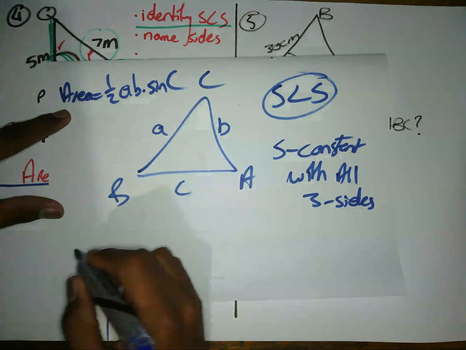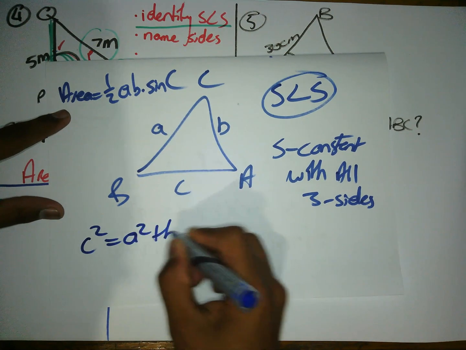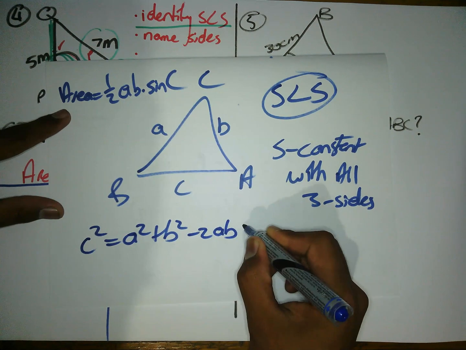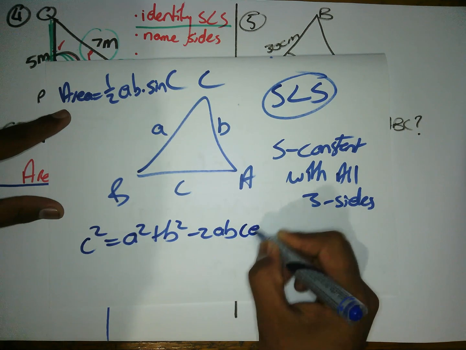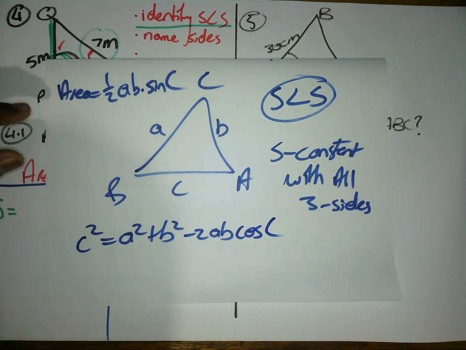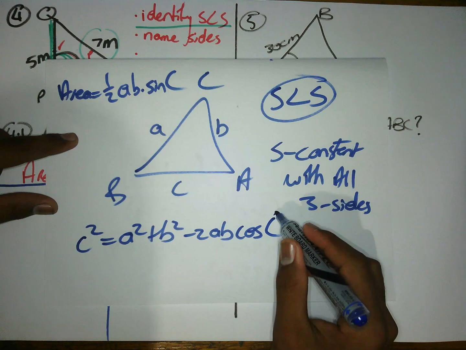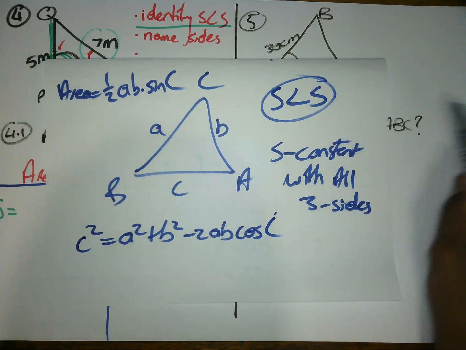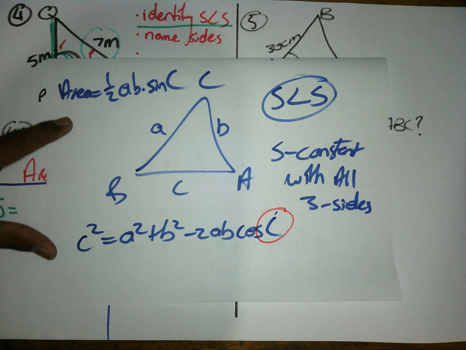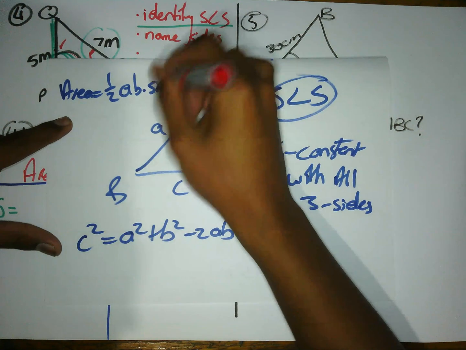So I can do c squared equals a squared plus b squared minus 2ab cos of angle C. Then I manipulate everything to get my angle C. Then I substitute my angle C into here.